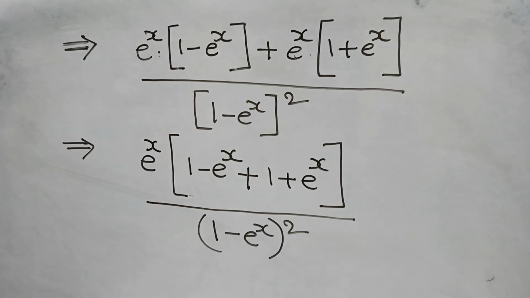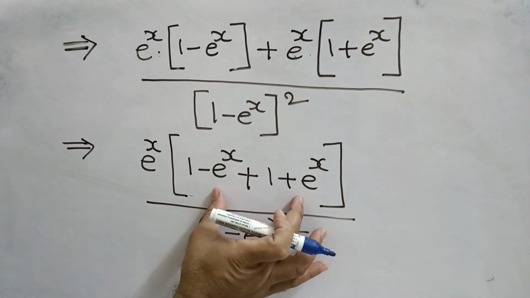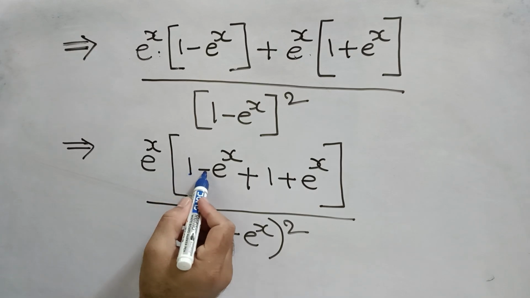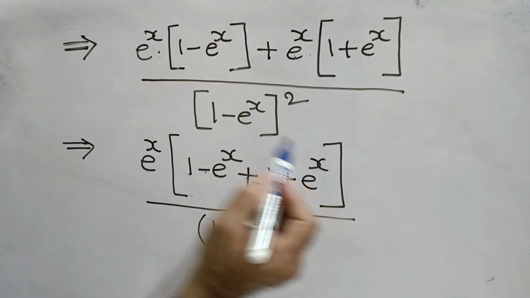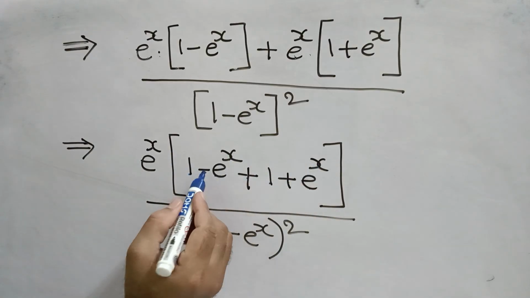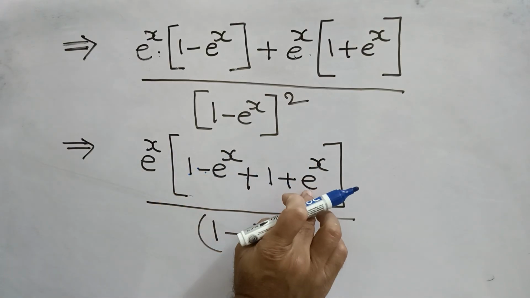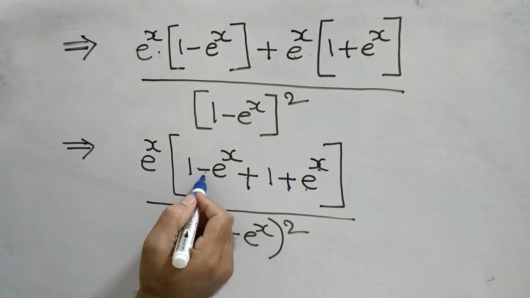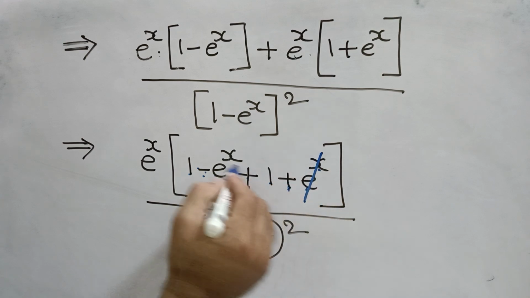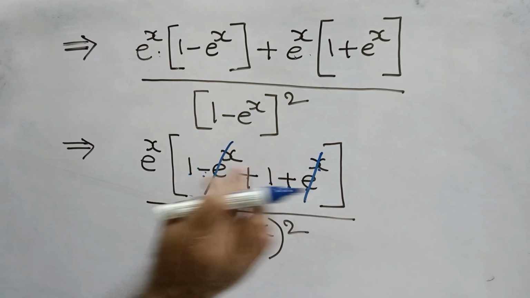If you can see this very clearly, what are the terms in the bracket? It is 1 minus e power x plus 1 plus e power x. So it is e power x and minus e power x. Both are the same terms, but one is positive, plus e power x, another is minus e power x. Both can be cancelled out, no? One is a positive term, one is a negative term.